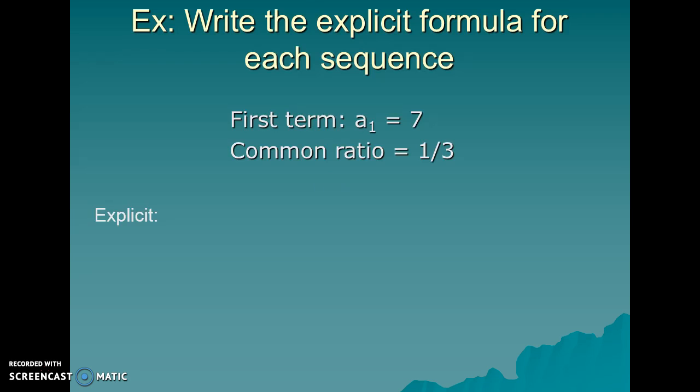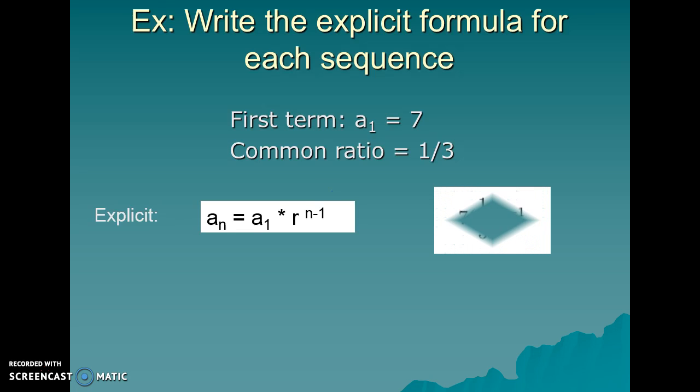Write the explicit formula for each sequence. Since we have the first term and the common ratio, all we have to do is use the explicit formula, substitute 7 for a_1 and r for the common ratio, and this is our equation.